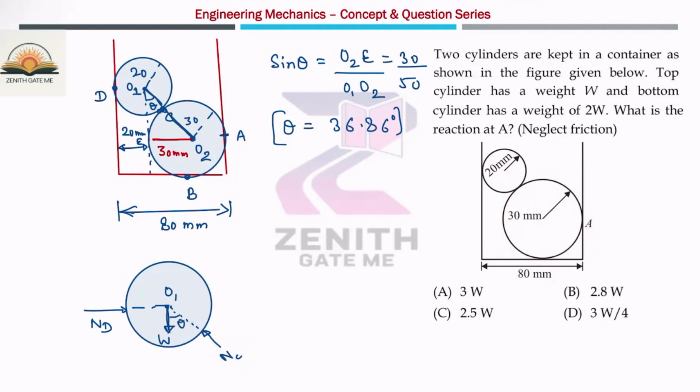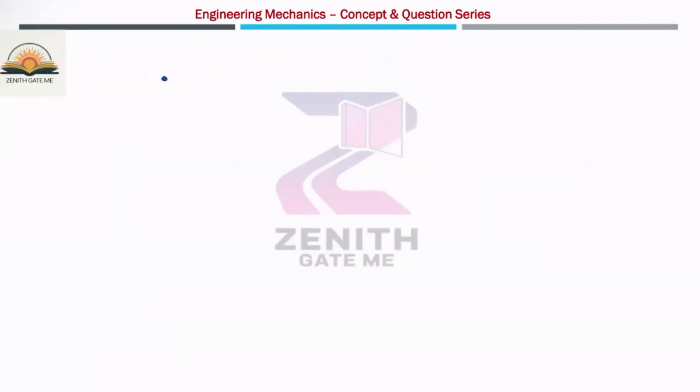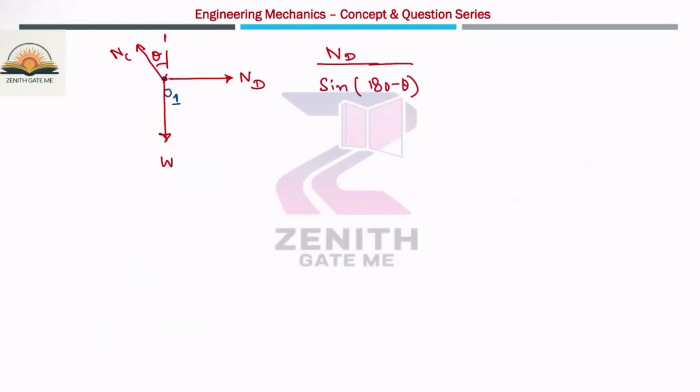So this is O1. The forces acting at O1: one is the W force, another is ND, the normal reaction at D, and the normal reaction at C. And this angle is nothing but theta. Now I can use Lami's theorem. That's why I calculated the theta value first. So ND divided by sine of 180 minus theta, and theta is 36.86 degrees.